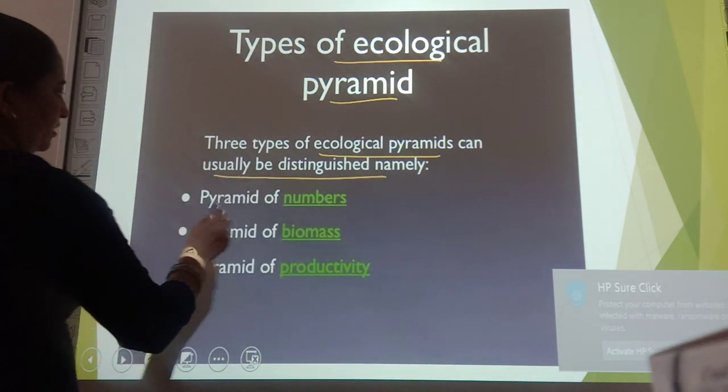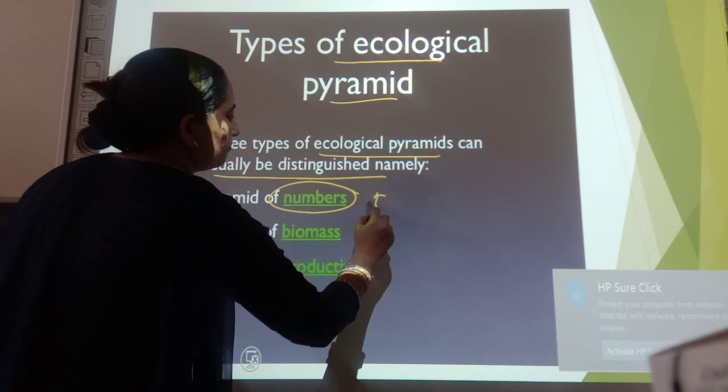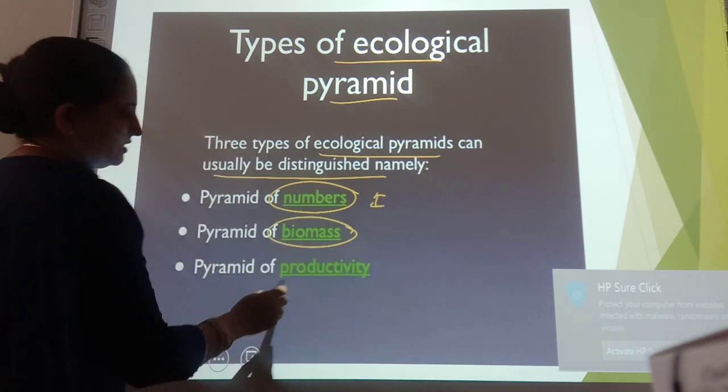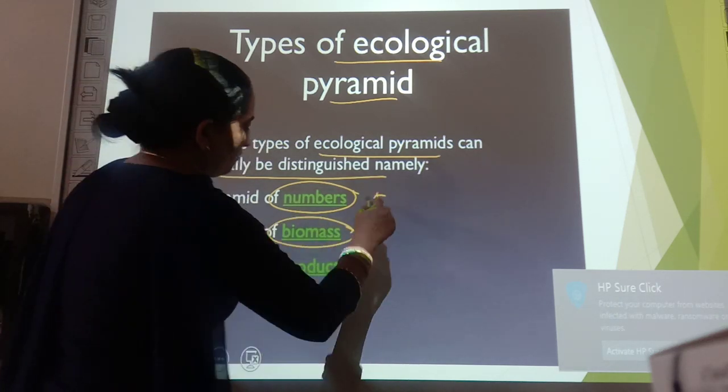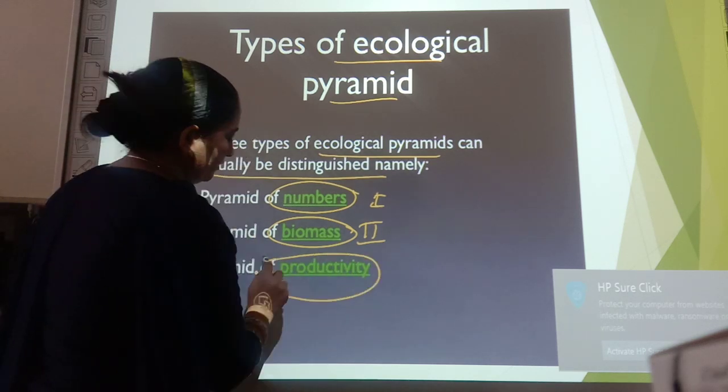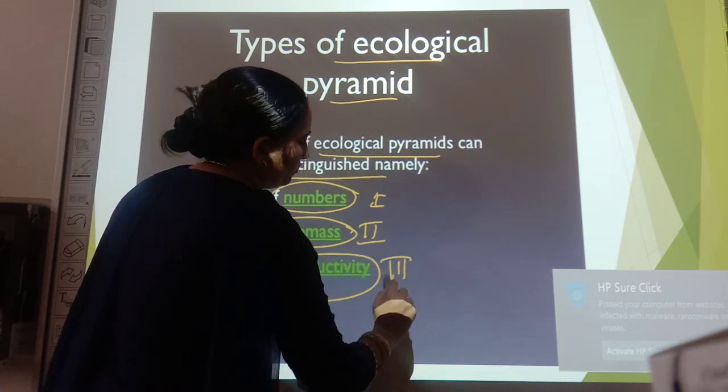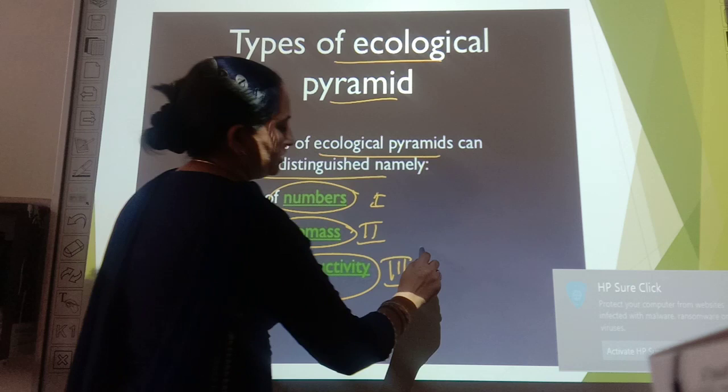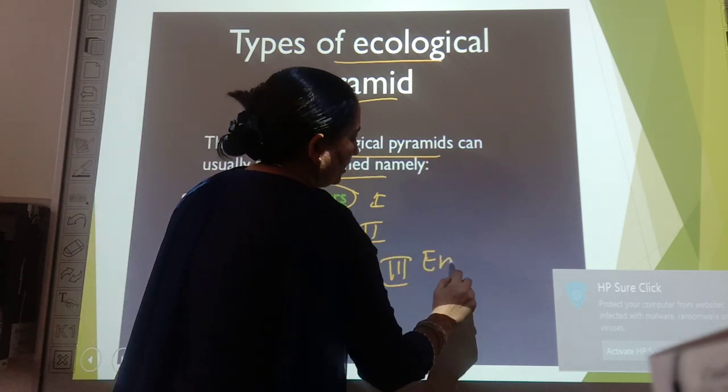One is pyramid of number, second is pyramid of biomass, and third one is pyramid of productivity, or you can say pyramid of energy.